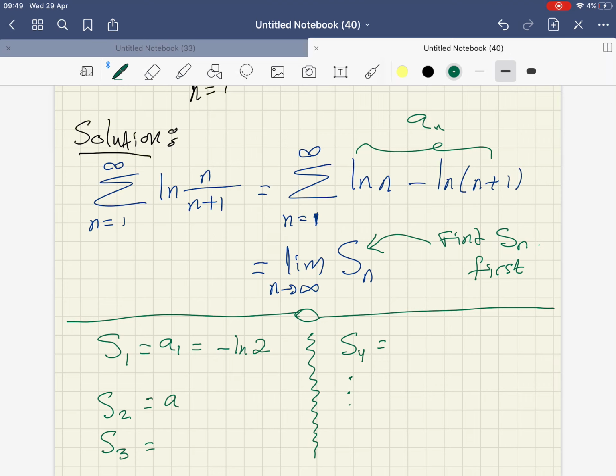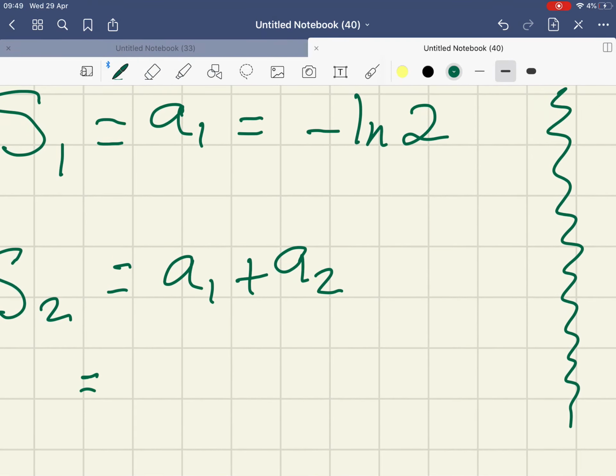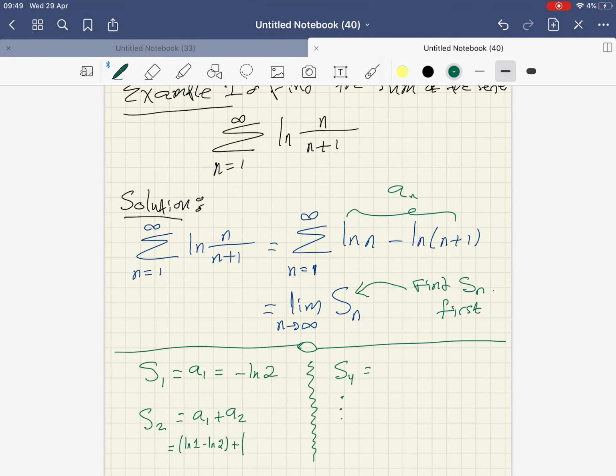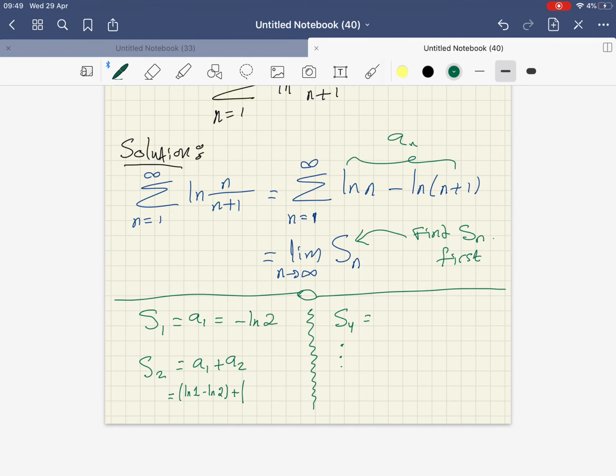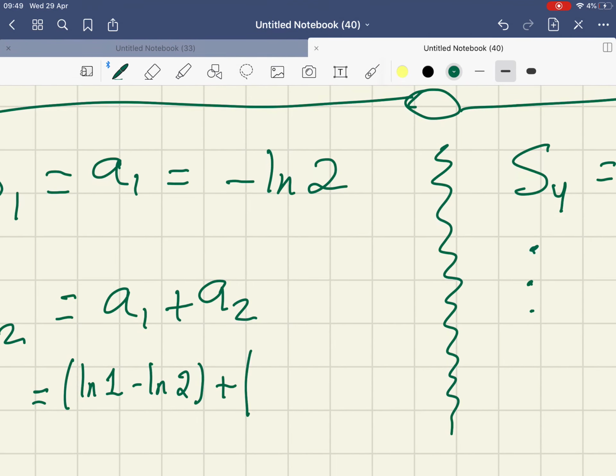S2 is just A1 plus A2, the sum of the first two terms. A1 is ln 1 minus ln 2. For A2, we substitute 2 instead of n, and here it will be 3, so that's ln 2 minus ln 3.